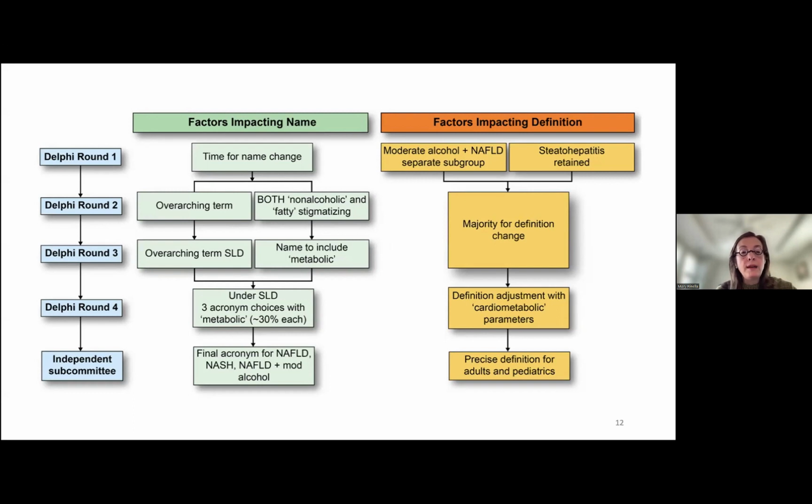The third round then designated the overarching term to be steatotic liver disease due to the fact that 66% of people felt that fatty was also stigmatizing, and then to include the name metabolic.